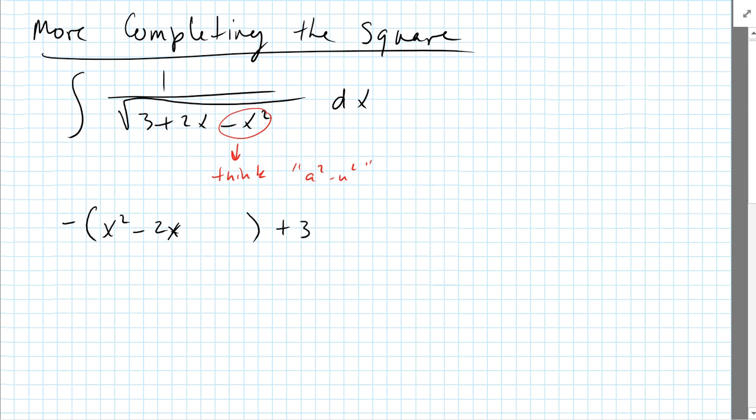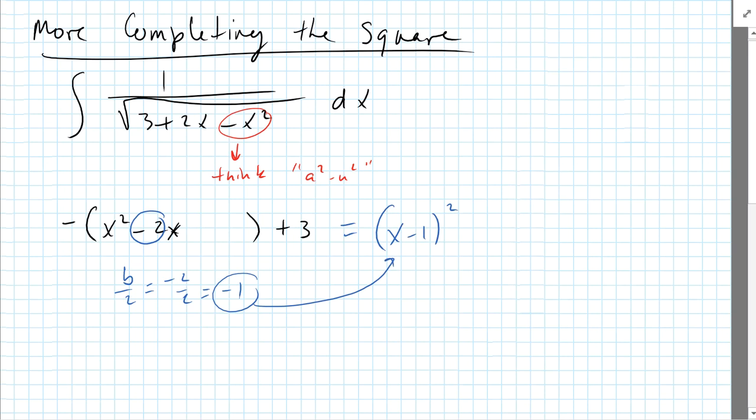Then I ask, what's b? b over 2 is equal to negative 2 over 2, which means that's negative 1. So that tells me that this factor is going to be x minus 1 squared. I also take it and make it negative 1 squared. That means it's plus 1 up there.